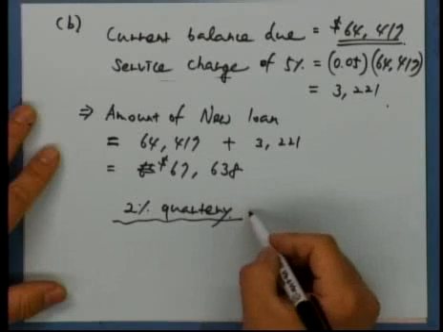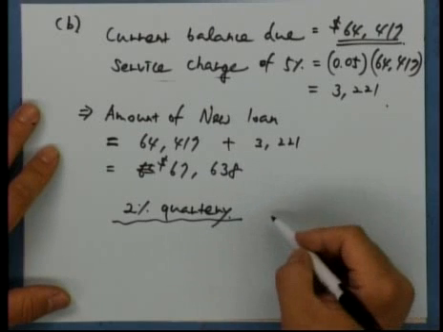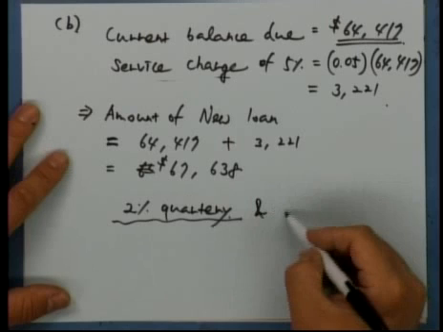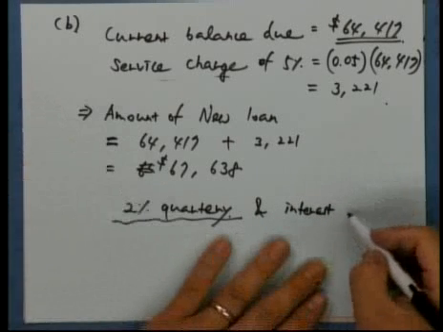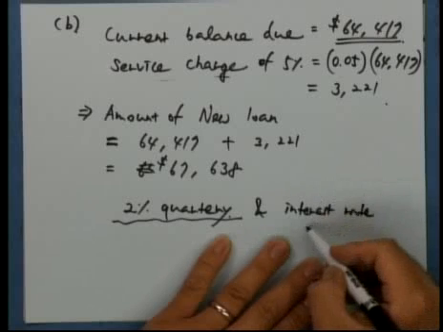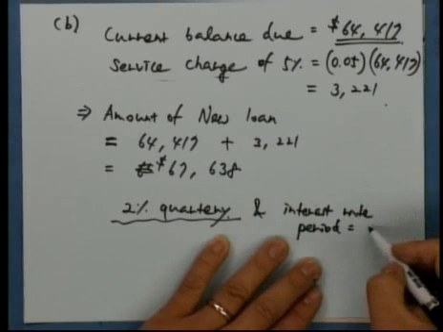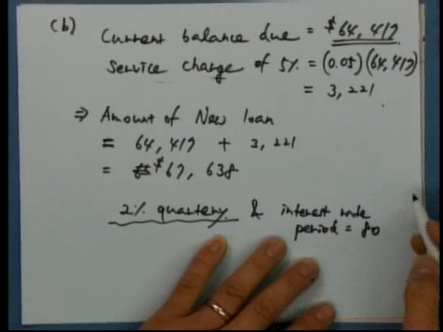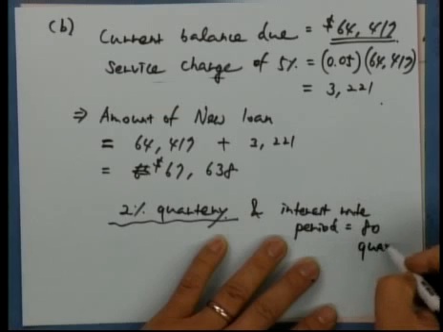And the interest periods would be 80 quarters. Is that right?